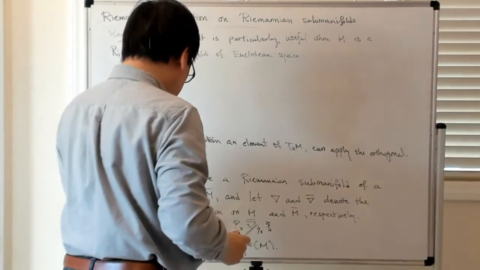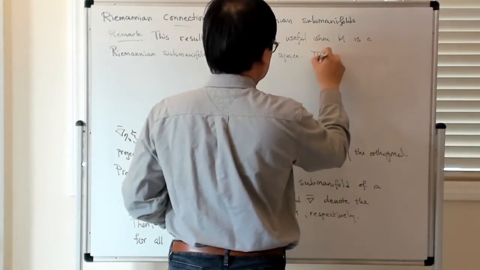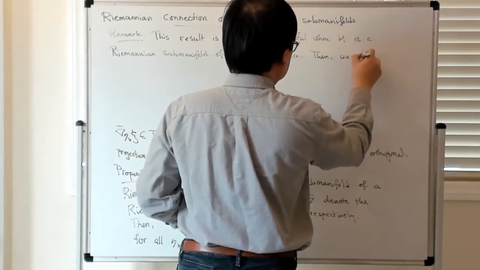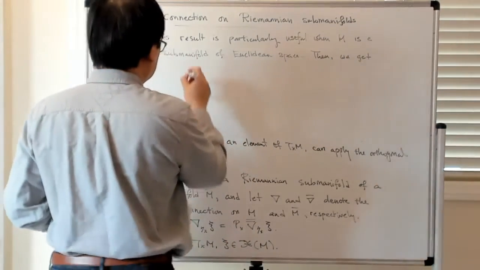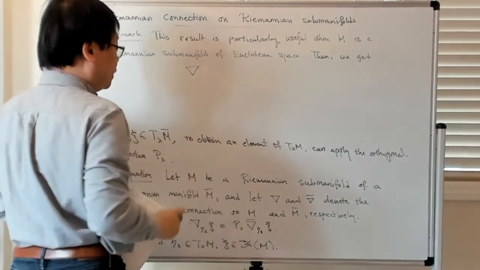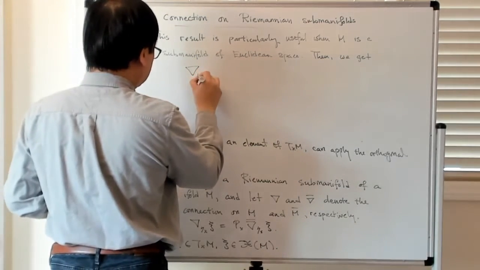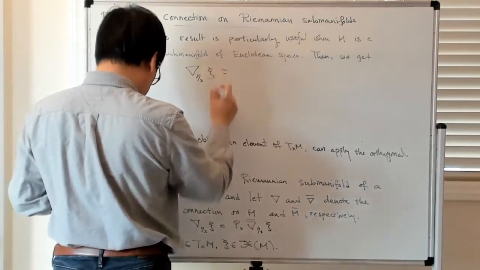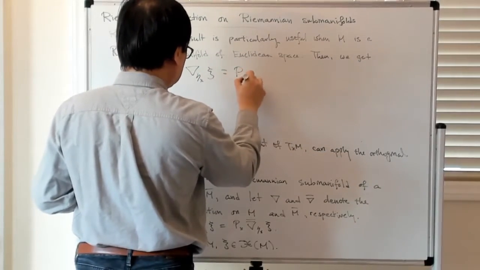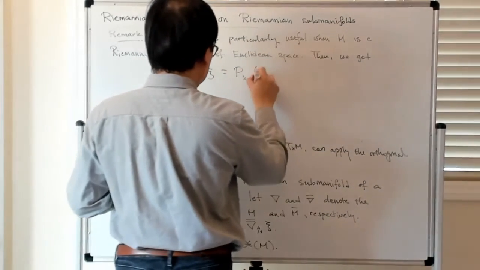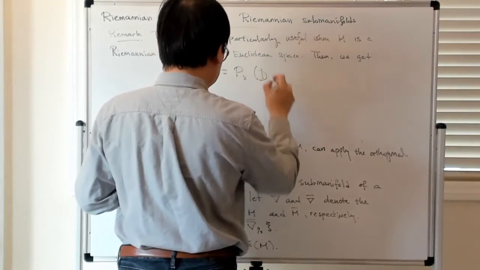Then we get that the Riemannian connection on M is just going to be the orthogonal projection of the classical directional derivative.